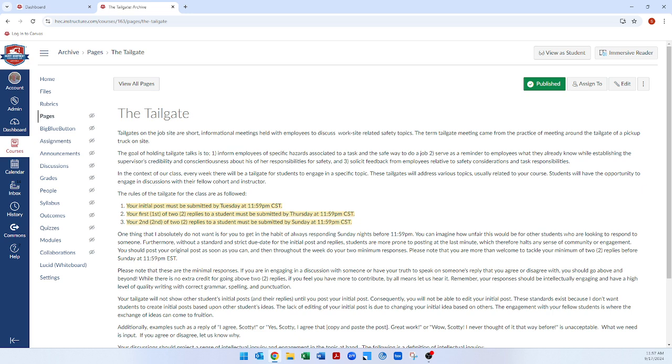But in the context of the class, every week there will be a tailgate for students to engage in a specific topic. These tailgates will address various topics, not usually, but in one way or another, they're going to be related to your course. And you students will have an opportunity to engage in discussion.